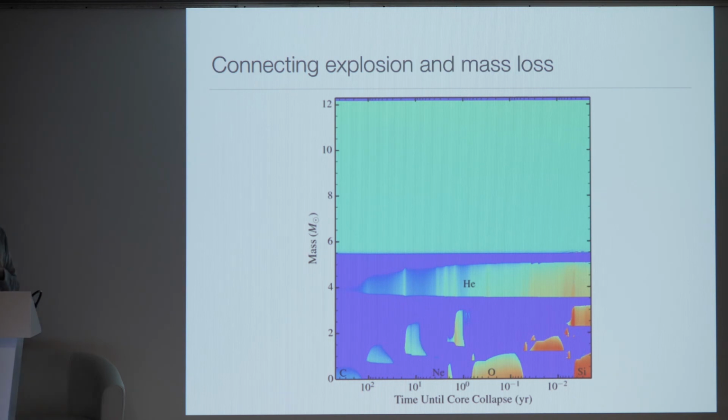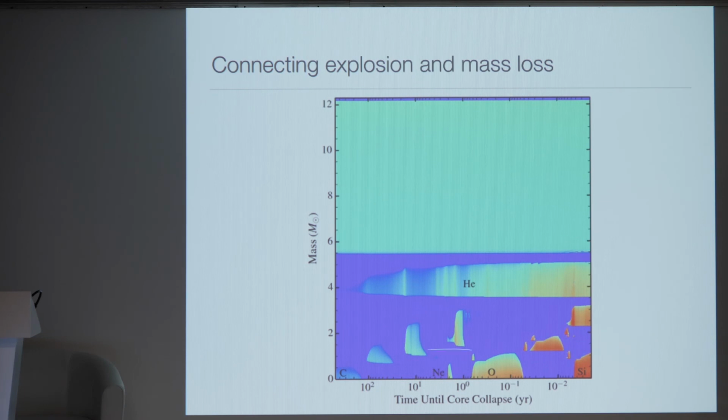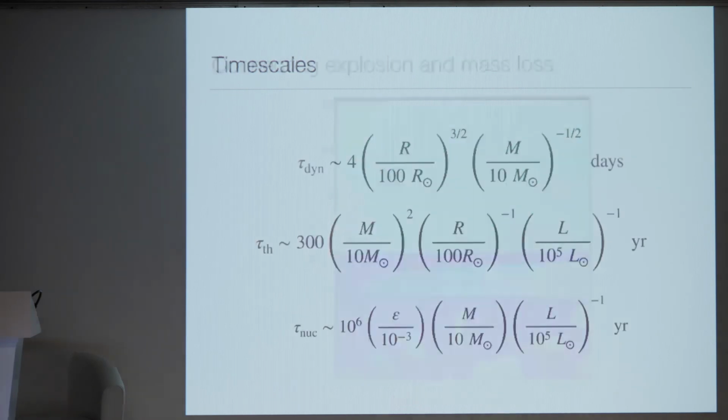So the big issue is, if we see the dynamical time scale, of course, in the 10 solar mass star with 100 solar radii, if you can somehow connect dynamically the center and the surface, you can still do this. And the thermal time scale is longer, and the nuclear time scale, of course, is much longer.